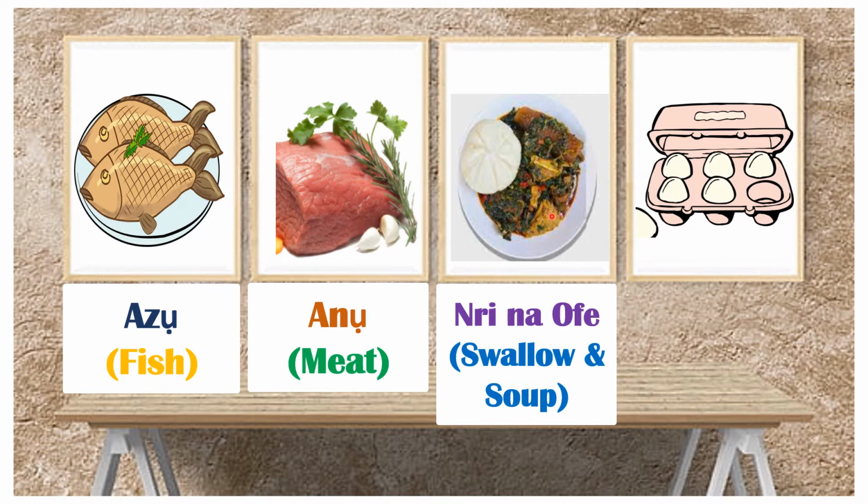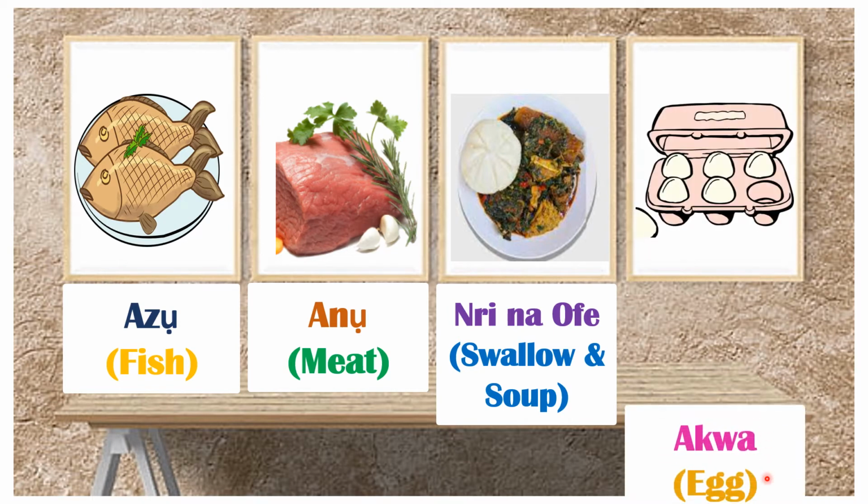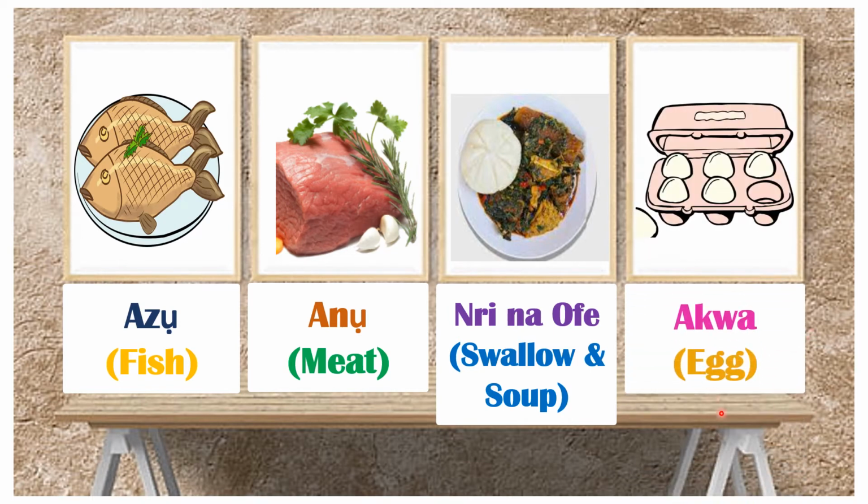It's a very long list of ofe, but generally it's called ofe. It depends on the particular one that you want. So this is ofe and this is nri. So that's swallow and soup. And lastly, we have aqua. Aqua bụ egg.